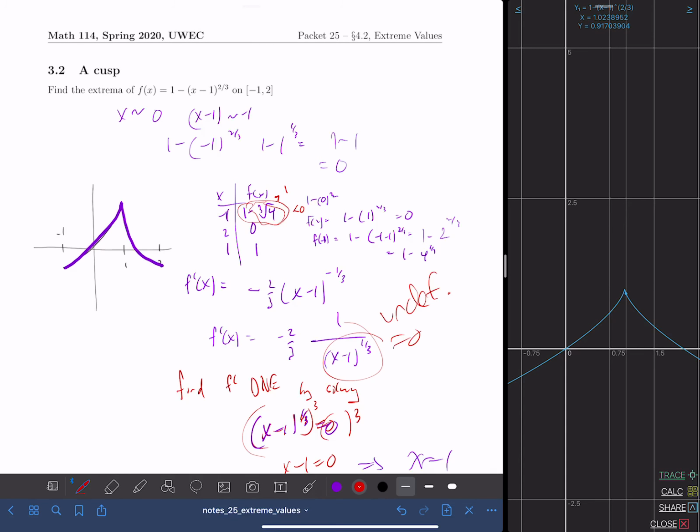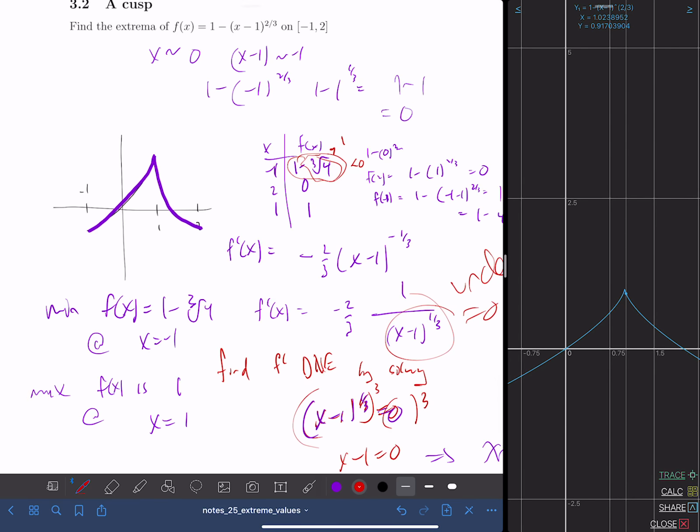So now we need to examine that table, and we'll find that the min f of x is equal to 1 minus the cube root of 4 at x equals minus 1, and the max f of x is 1 at x equals 1.